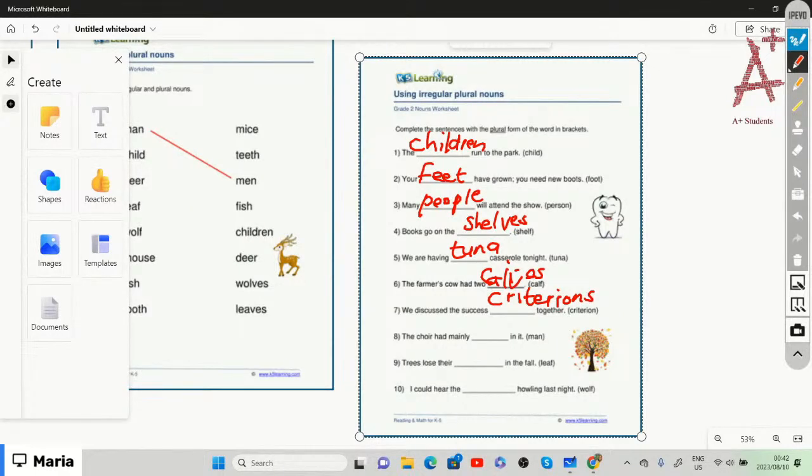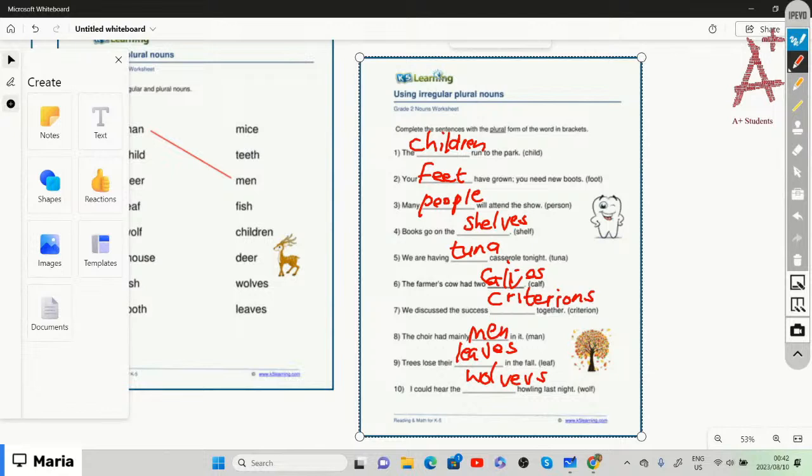And then we have the choir had many men in it. And then these trees lose their leaves in the fall, and I could hear the wolves howling last night. Right?